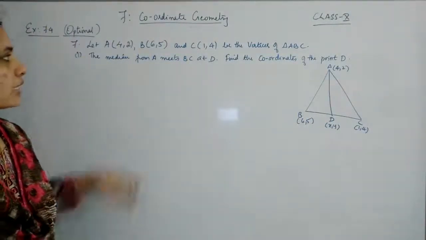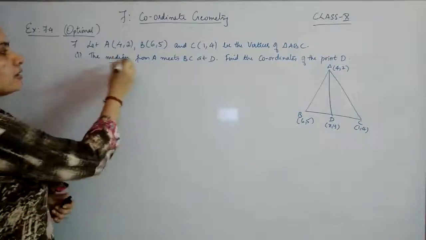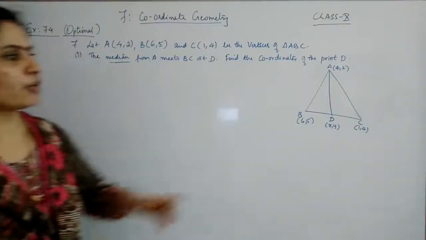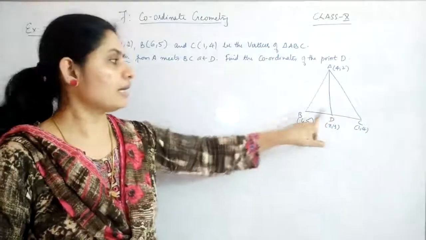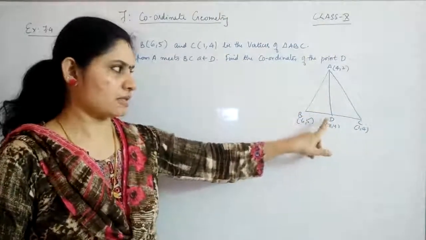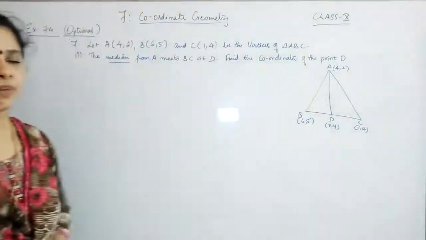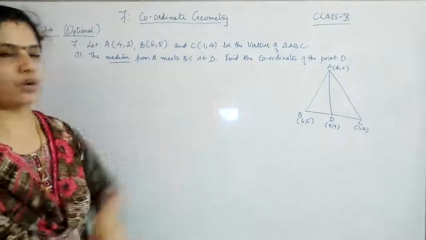What is the meaning of median? The point D will divide BC into two equal parts, or D will be acting as the midpoint of BC. You have to find the coordinates of the point D.